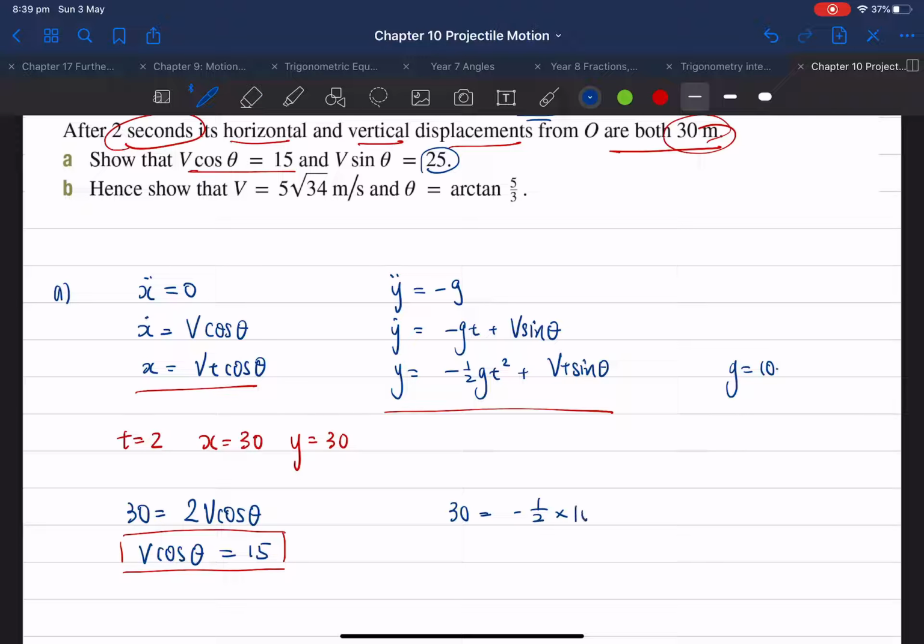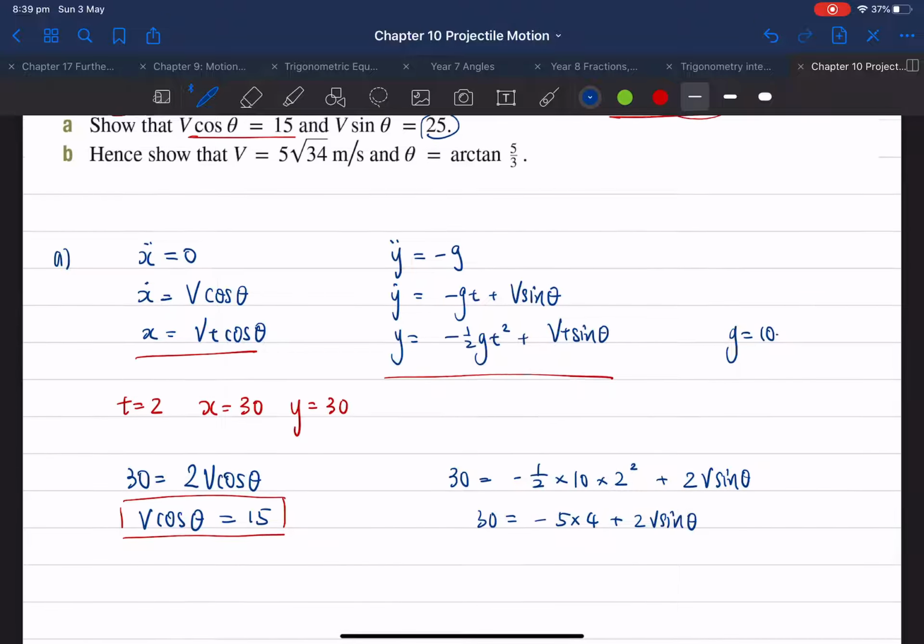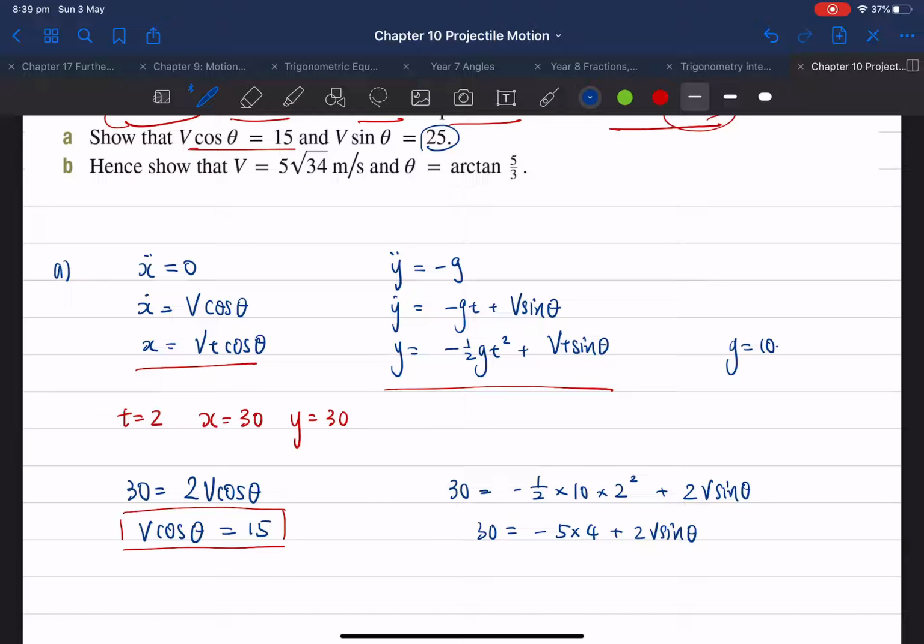Okay, so let's times by 10 times t squared, so 2 squared, plus 2v sine theta. All right, let's see if my G is correct. So it's 30 equals minus 5 times 4 plus 2v sine theta. Okay, what do we do now?